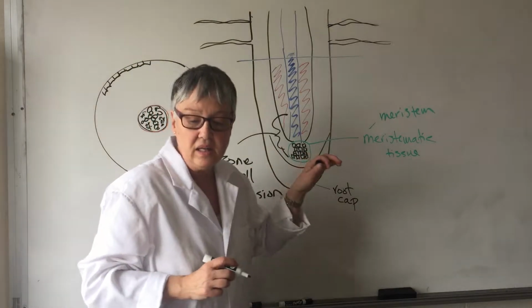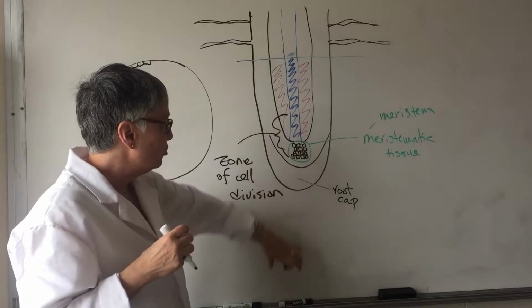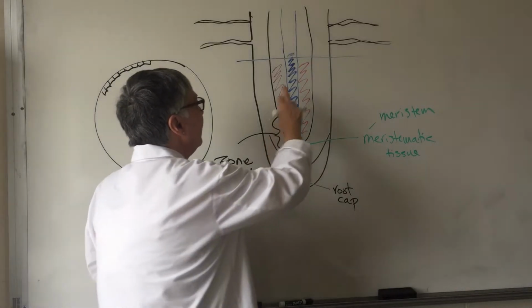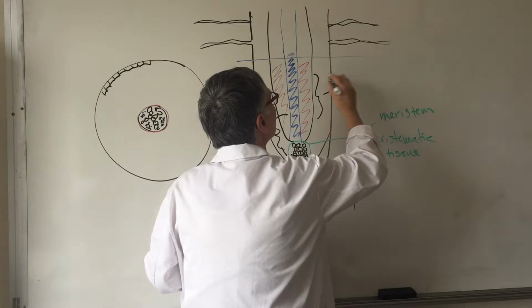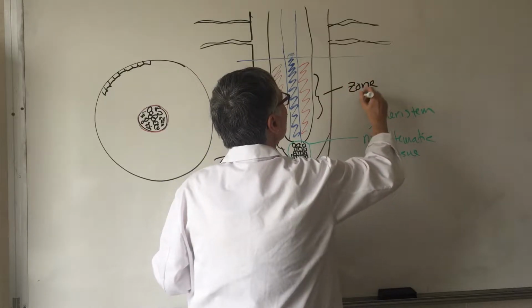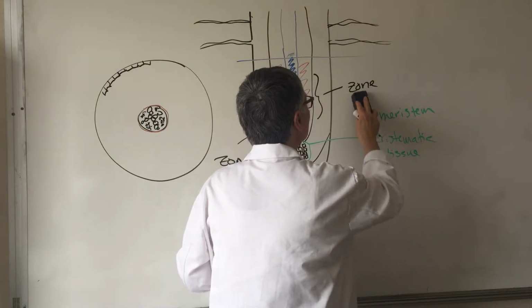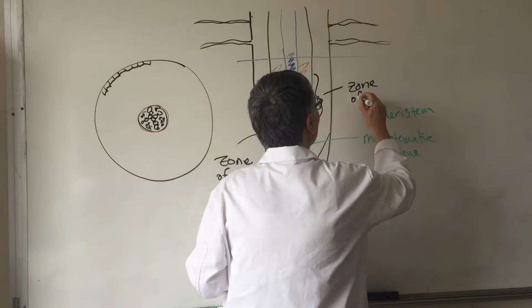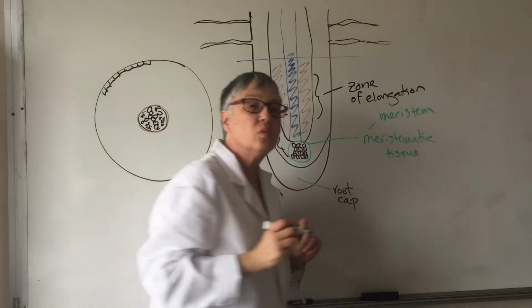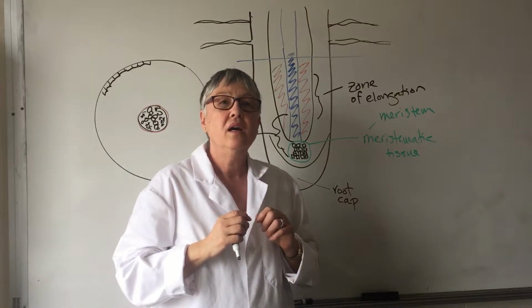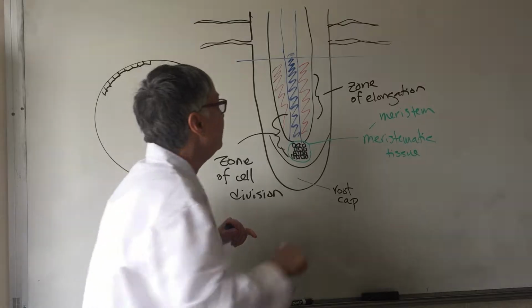So this is the area in which cells are dividing, and as the root grows downward, behind it, there's a second zone that we call the zone of elongation. And this is where cells actually elongate to help push the root further down.